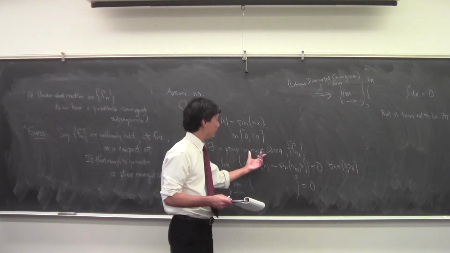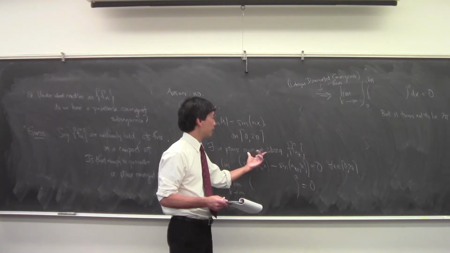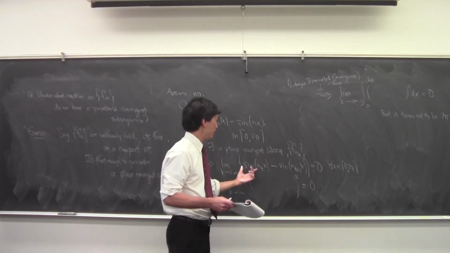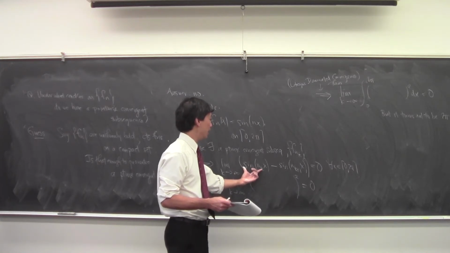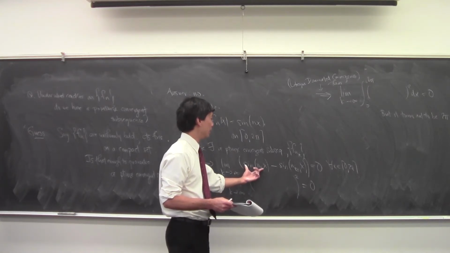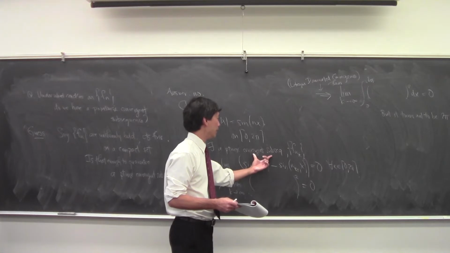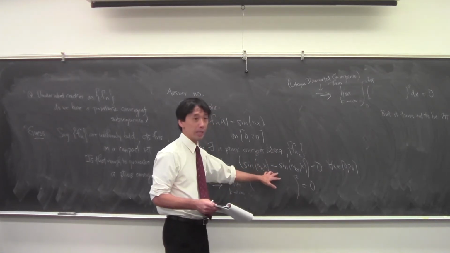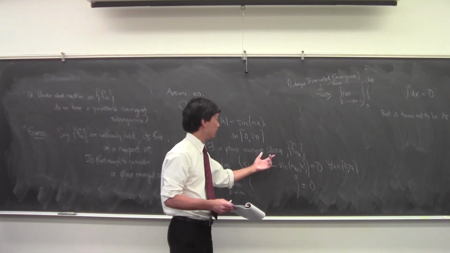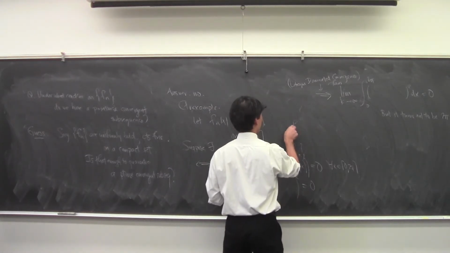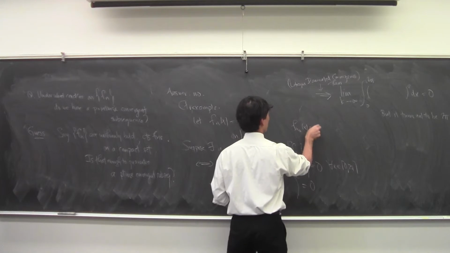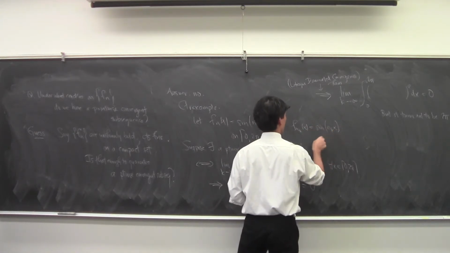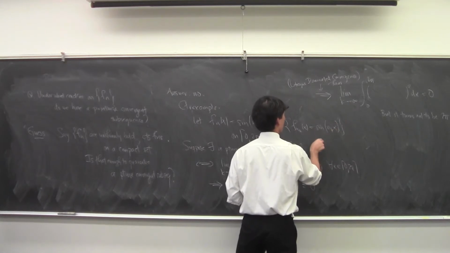So what we know is that the sequence converges pointwise, right? That tells you that for each fixed x, the sequence f_{n_k}(x), that's to say sin(n_k x), is convergent.